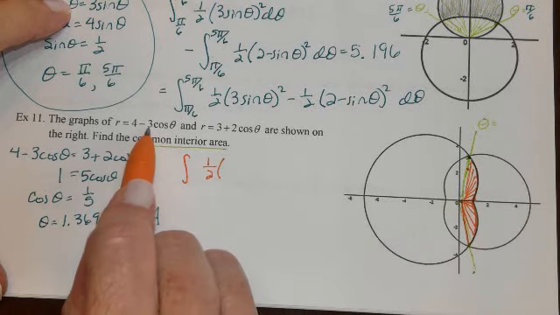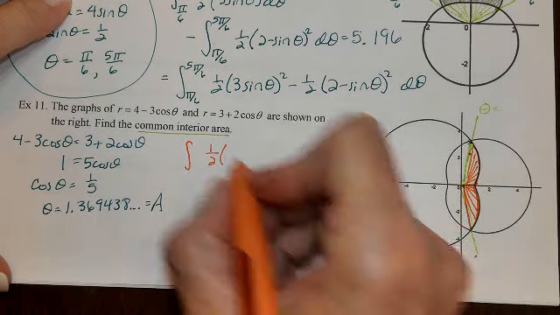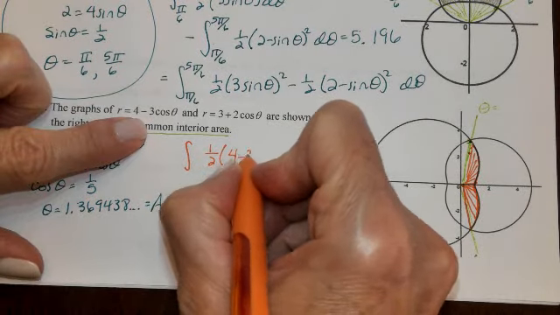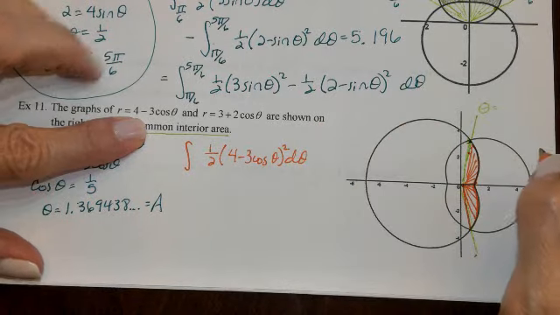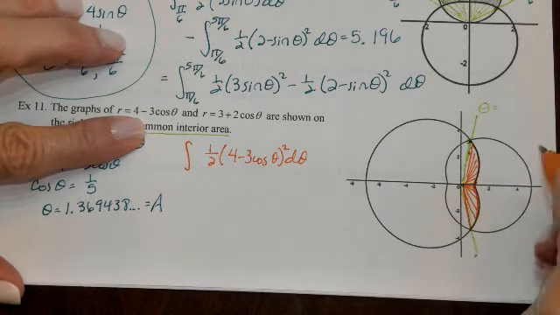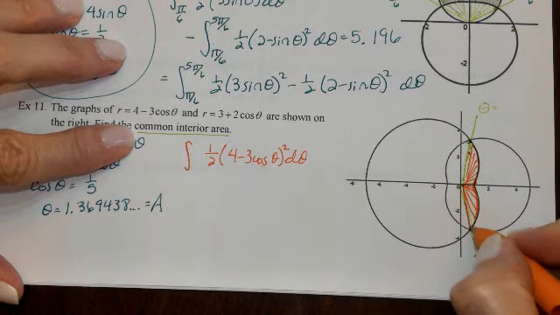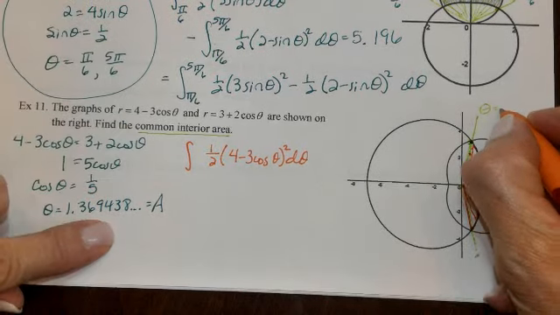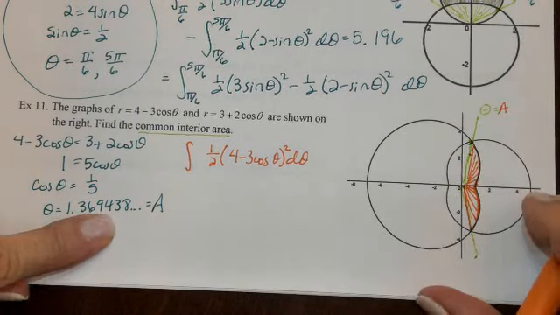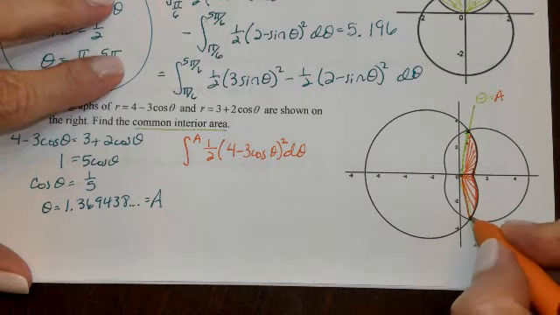So I need to use 4 minus 3 cosine theta. Knowing which graph it goes to, that's the easy part. The hard part is always the boundaries. I want to start here and end here, so I'm ending at A. I know A is up there. What can I name this?